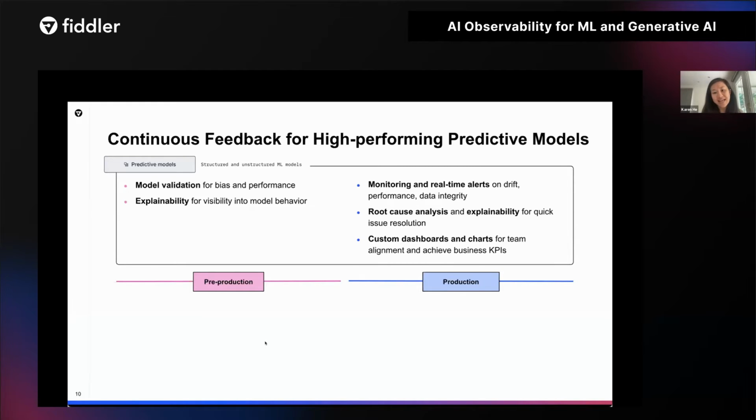As they detect any underperformance in their models, they can perform root cause analysis and glean insights to resolve the issues quickly. At the same time, they can measure different metrics, put them into charts, and monitor them in dashboards to align the team and achieve business KPIs.